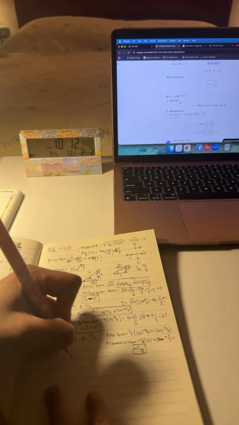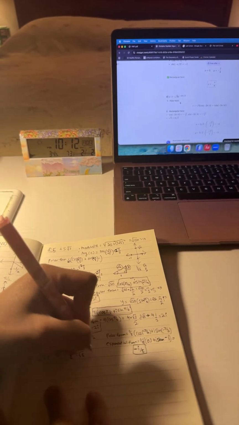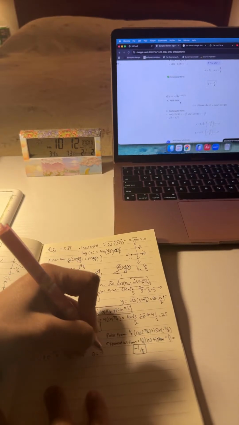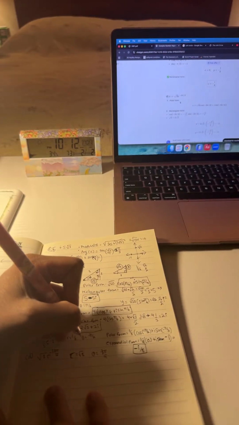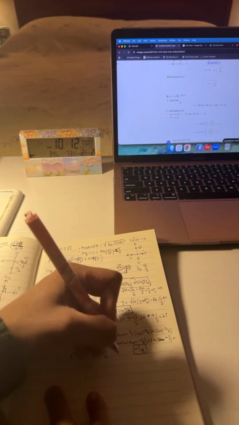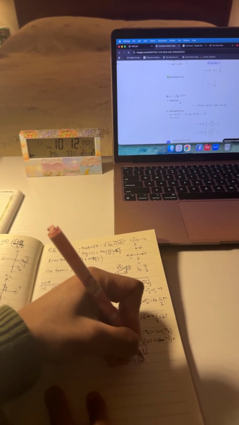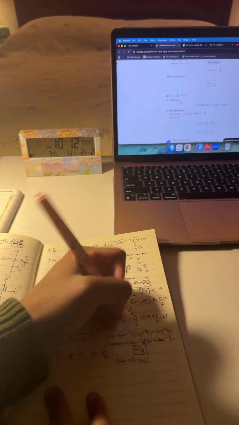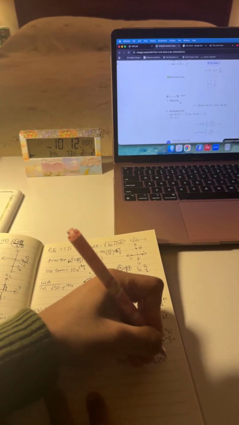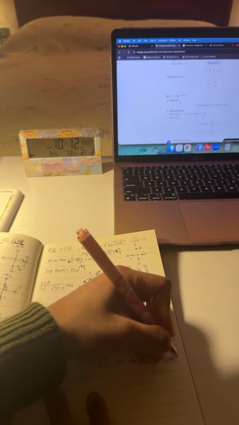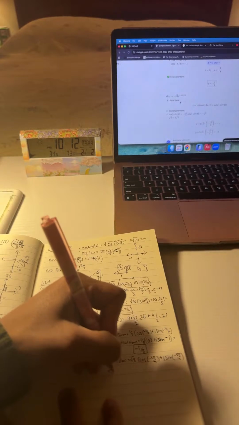So r is equal to root 8, and theta is equal to negative 3 pi over 4. So the polar form goes to root 8 times cosine of negative 3 pi over 4 plus i sine negative 3 pi over 4. I wish we could just leave it at that, but we have to calculate the whole exponential form.